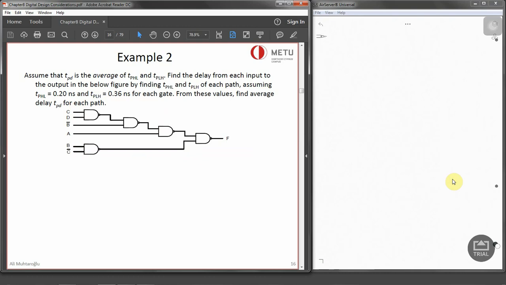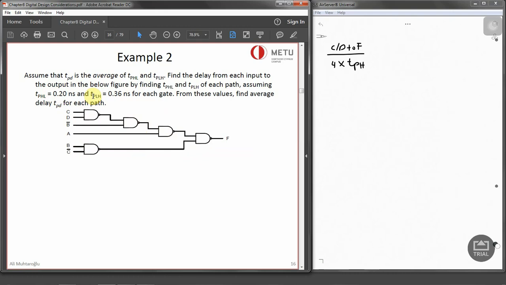when you want to calculate the average propagation delay. Okay, let's start with the first path, which is C, D to F. In the first path we have 1, 2, 3, 4 stages or 4 gates. That means we need 4 TPHL plus 4 TPLH divided by 2 to find the average.